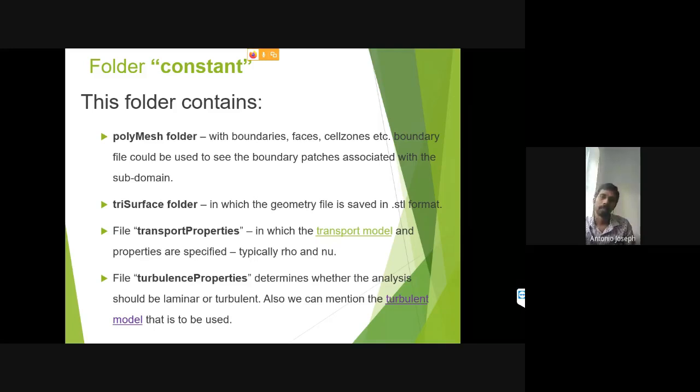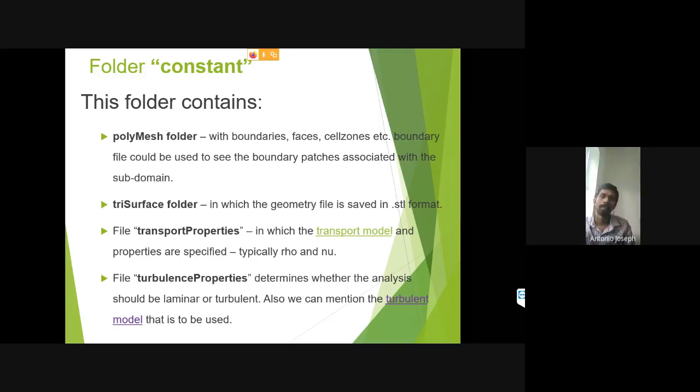After meshing, while checking this boundary file, we will be able to know how many patches there are and what the names of those patches are. Sometimes some of the patches will not be removed after meshing, so we need to check that. Suppose in our case we created a block mesh, and the block mesh will have six patches if it is not grouped. That means six faces.